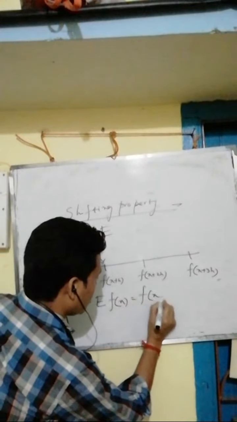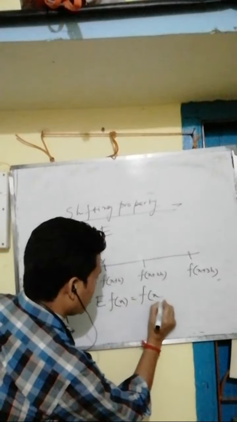Now we have to find out the relation between del and E, or you can say the relation between the shifting operator and the difference operator. Del means difference operator and E means shifting operator. So what is the formula of del f of x?